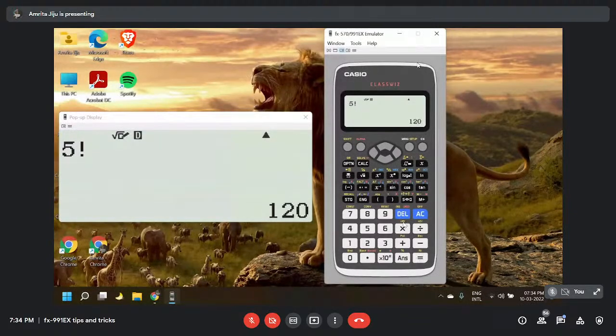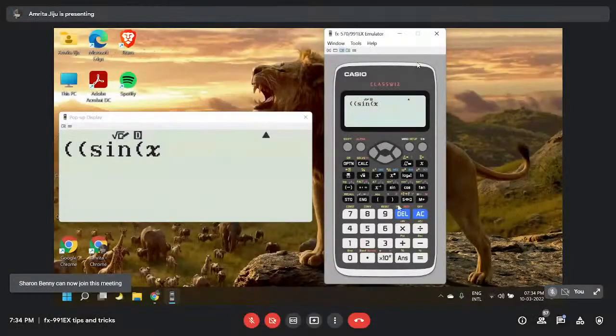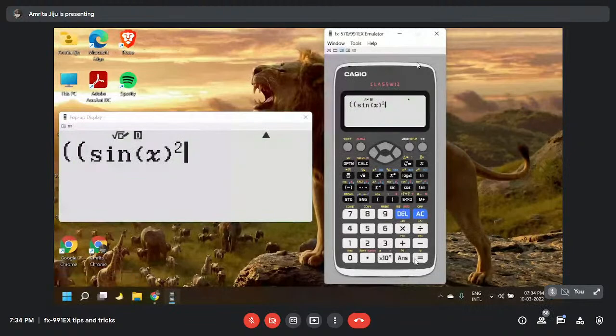Now the remaining 3 buttons are basically sine, cos, and tan. And you have the sine inverse, cos inverse, and tan inverse buttons as the shift functions of sine, cos, and tan. Let's find something simple.